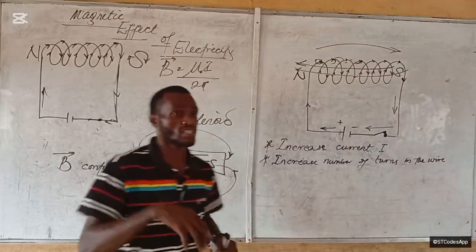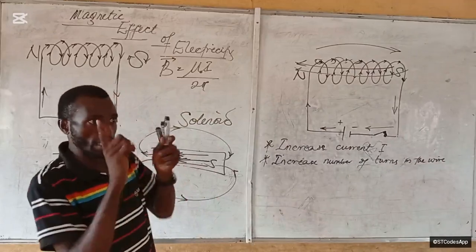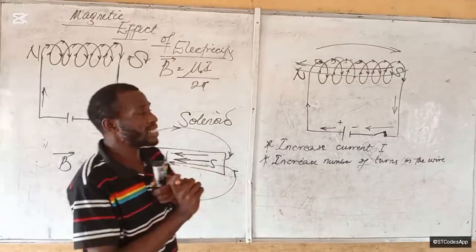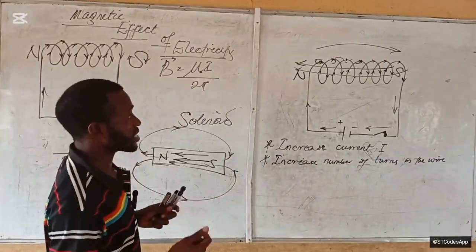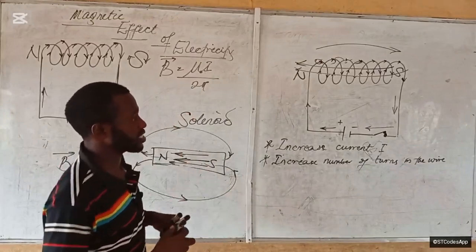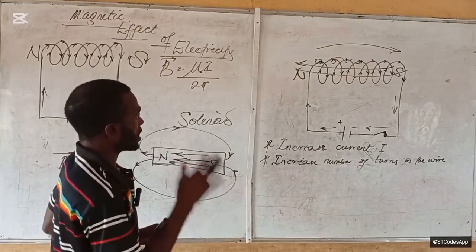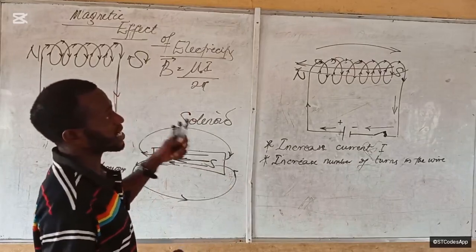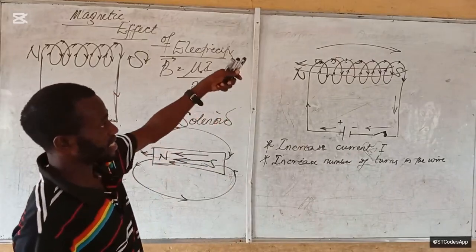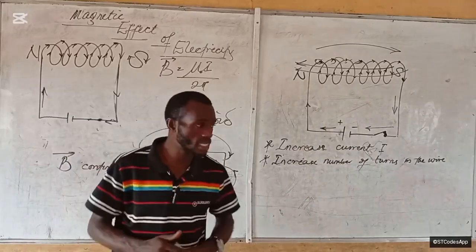Once you increase the number of turns in the wire, you are going to increase the magnetic field, because the closer and more the wires are, the stronger the magnetic field being generated. So basically, these are the two things that you can do to improve the magnetic field that is here. You increase the current and increase the number of turns.